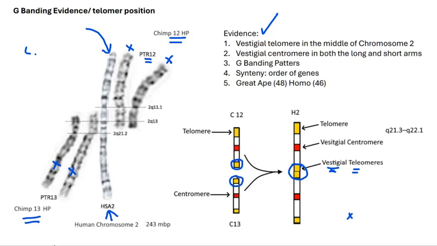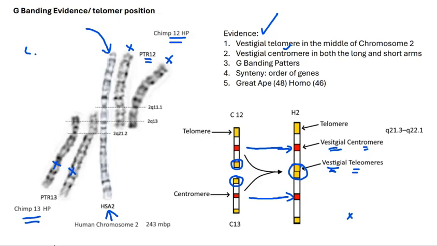There are also vestigial centromeres in both the long and the short arms of chromosome 2 for human beings, and those are in these locations here and here. And those, of course, are inherited from chromosome 12 and from chromosome 13. And once more, these are described as vestigial centromeres, as they no longer function as the human chromosome 2 centromere.